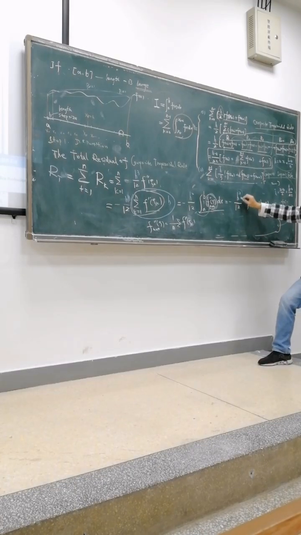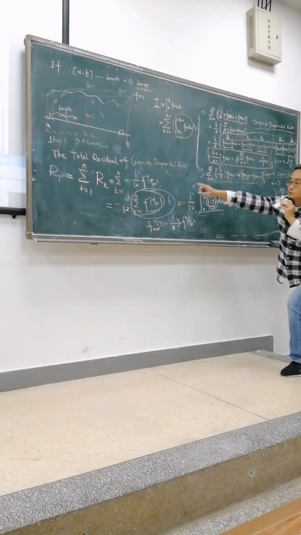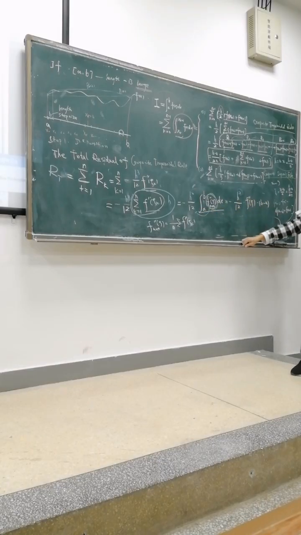Now the order is reduced to 2 for this one, right? Because for the single interval, the order of the residue of the trapezoidal method is h cubic, right? But for the composite trapezoidal rule, after our rearrangement and reduction, the order is reduced to 2.